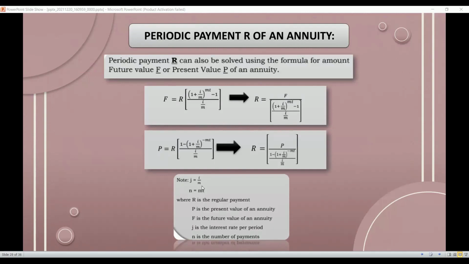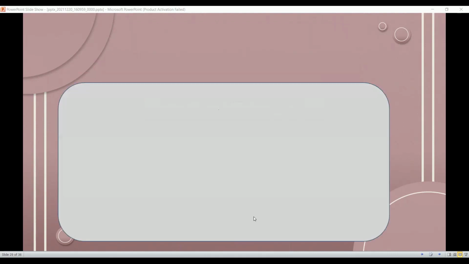Note, J is equals to I over M, N is equals to M times T, where R is the regular payment, P is the present value of an annuity, F is the future value of an annuity, J is the interest rate per period, N is the number of payments.